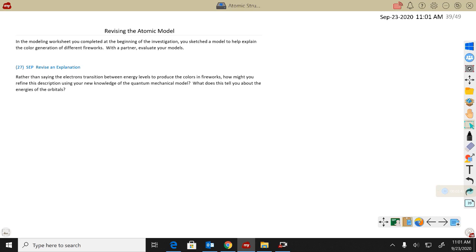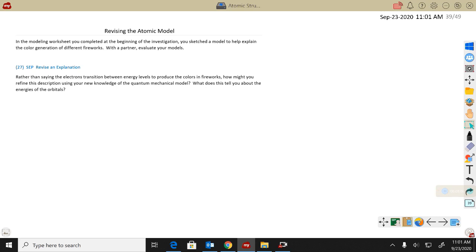And so again, these are just what you think. You're just trying to revise your model. So there's not necessarily a right or wrong, but maybe you were thinking that now if I add energy, the electron's not just moving to a higher energy level, but it's maybe moving to a higher energy orbital. Maybe I'm moving from the 1s orbital to the 2s orbital, or the 3s orbital.